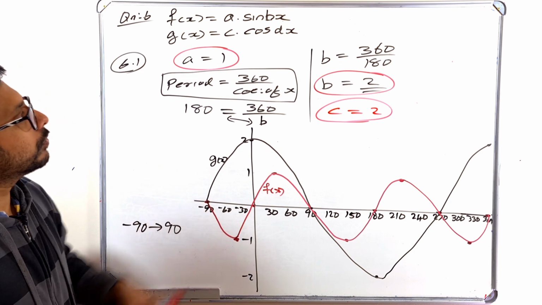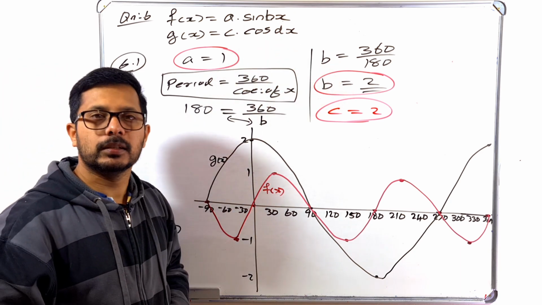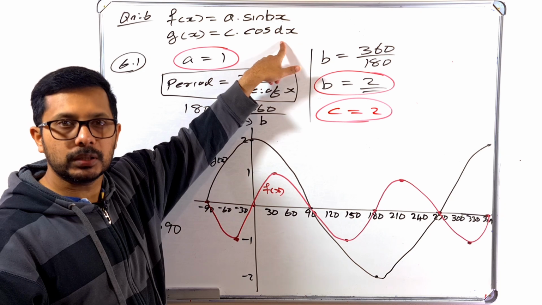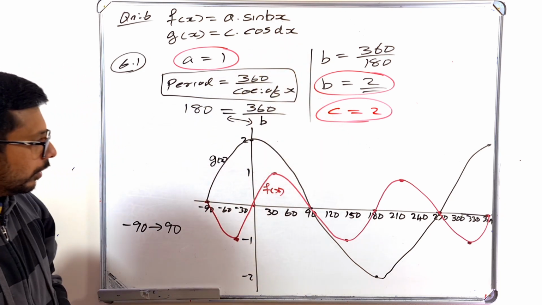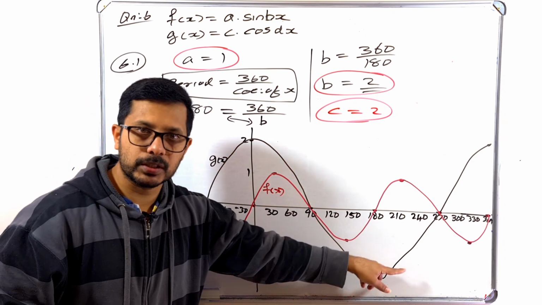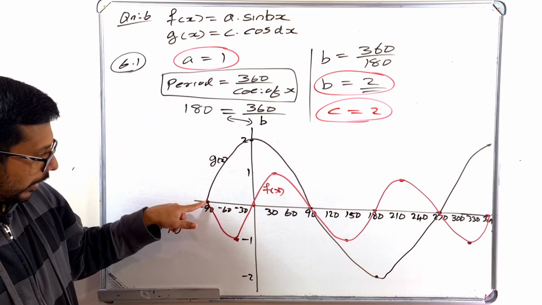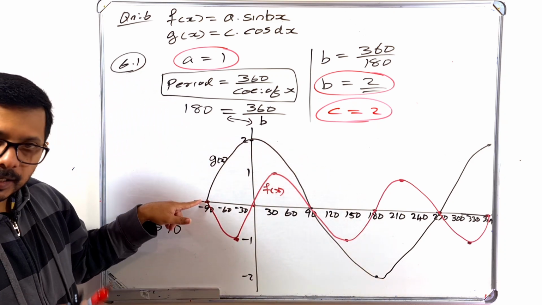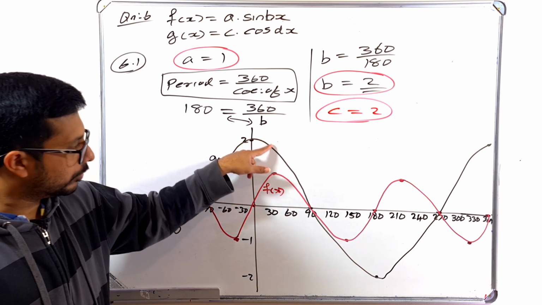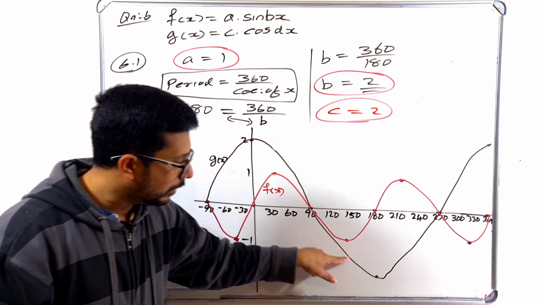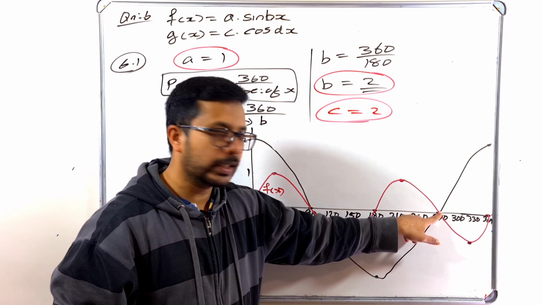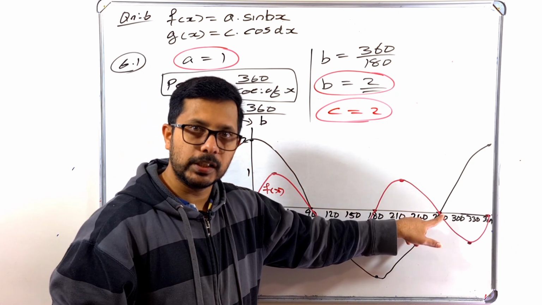Now cos dx. What is this? D determines the period of the graph. Look at the graph; now we are talking about the g of x graph. It started from -90 on the x-axis, then up to the top, then down, and then again on the x-axis at 270.